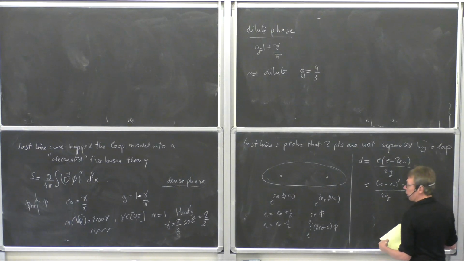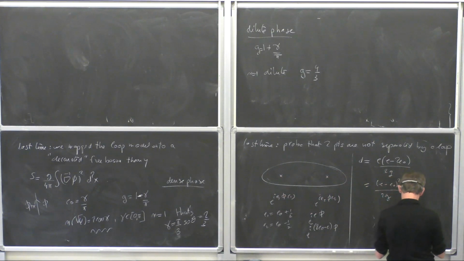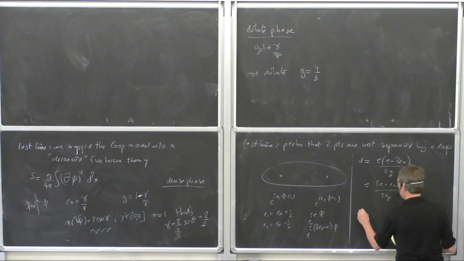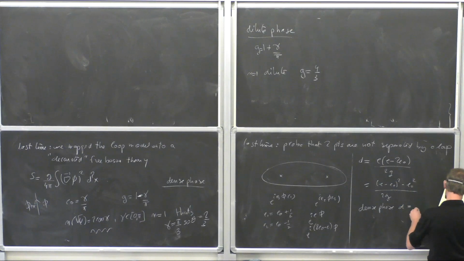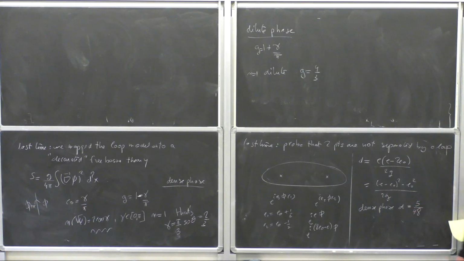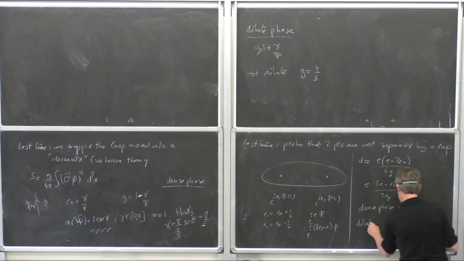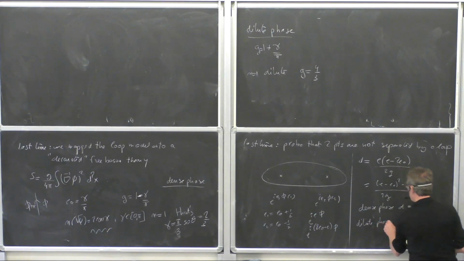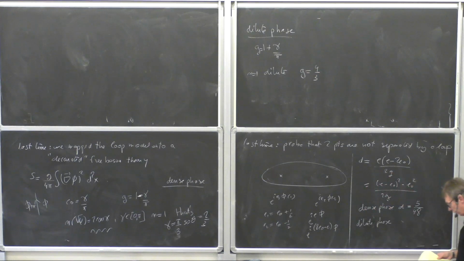And last time I calculated the exponent in the dense phase. So in the dense phase, you would find with these numbers that D is equal to 5/48, while in the dilute phase, so what is the difference? In the dilute phase, you would take G equals 4/3 instead of 2/3.